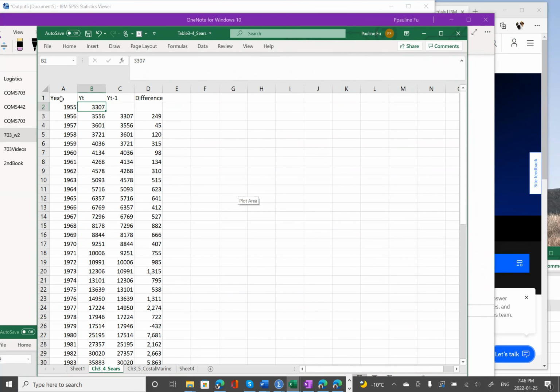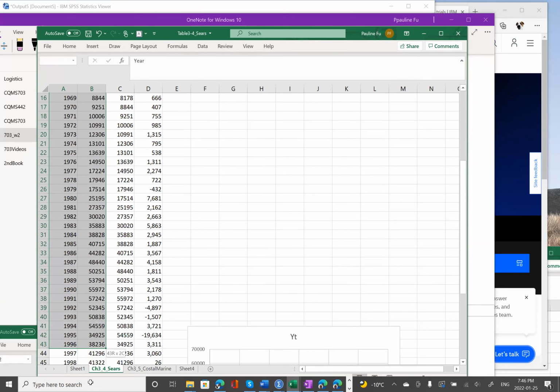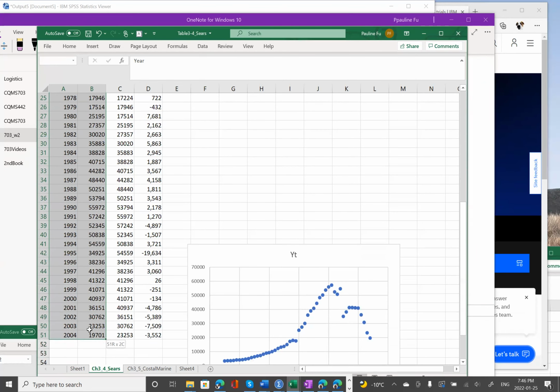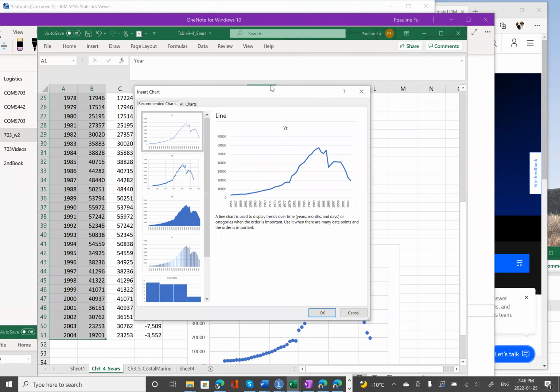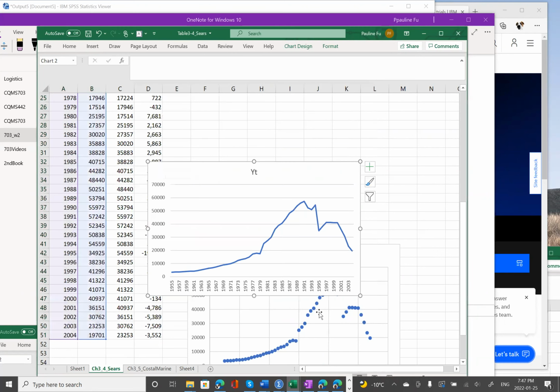So you can select column A and column B, and then insert. Choose the first scatter option, the timeline. Click OK.